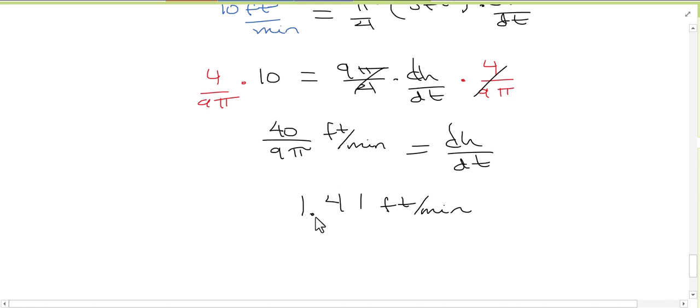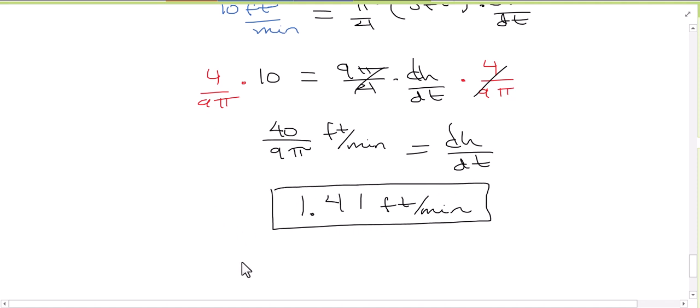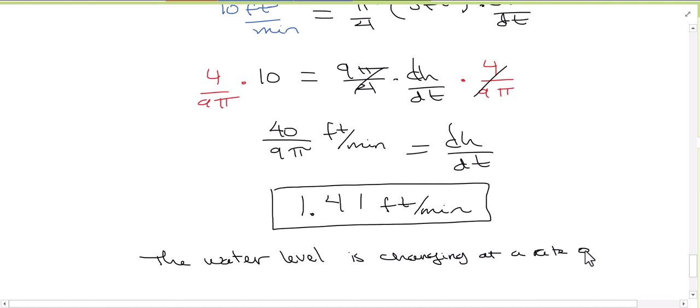So if you encountered this on homework, just make sure that you pay attention to how many decimal places you are supposed to round to. But this will be the rate of change of the water level. So we can say the water level is changing at a rate of 1.41 feet per minute when the water level is 3 feet.